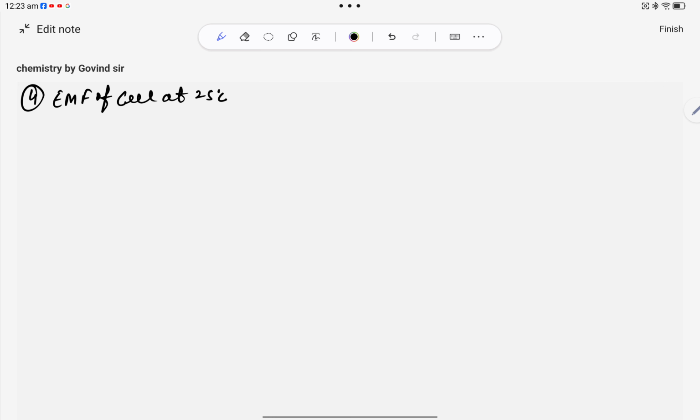At 25 degrees Celsius, Zn... what value is given?